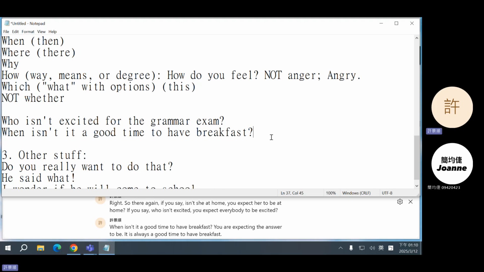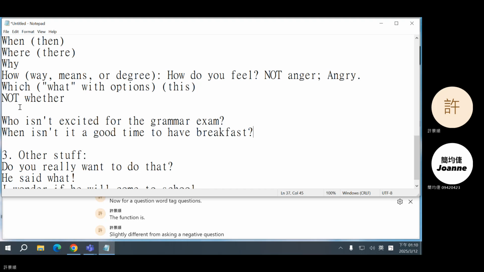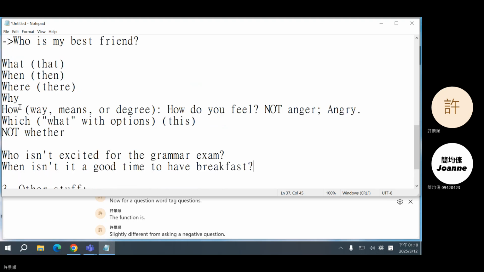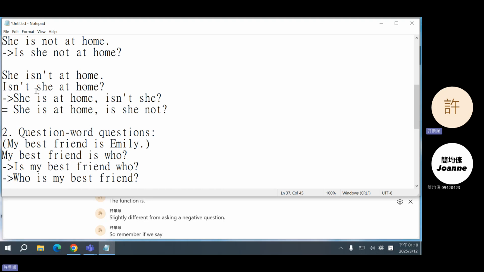Now, for question word tag questions, the function is slightly different from asking a negative question. So remember, if we say, "Isn't she at home?" and "She is at home, isn't she?" the meaning is the same. We expect her to be at home.